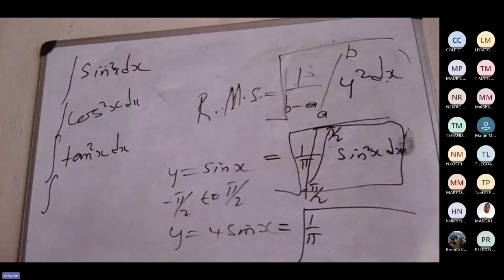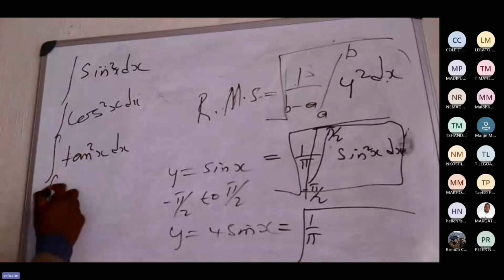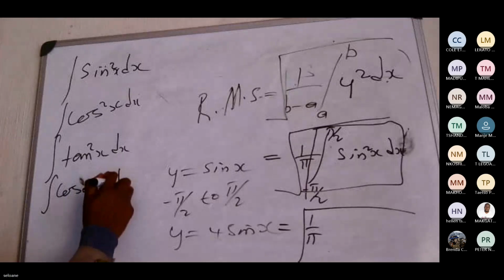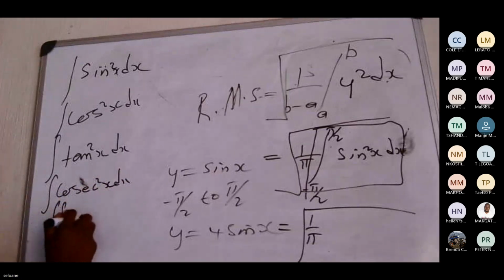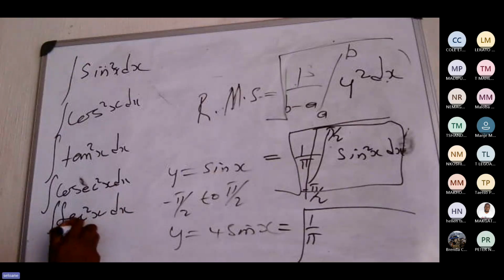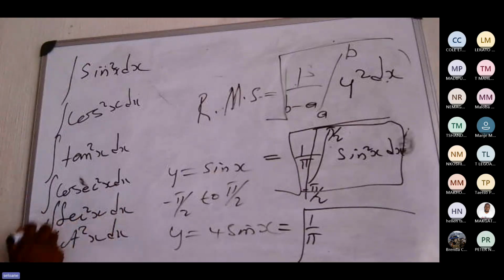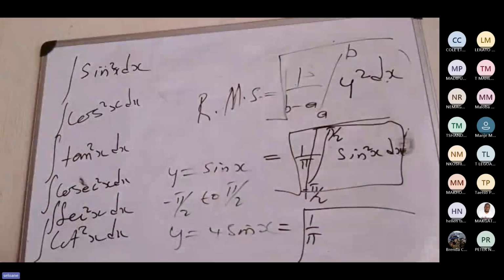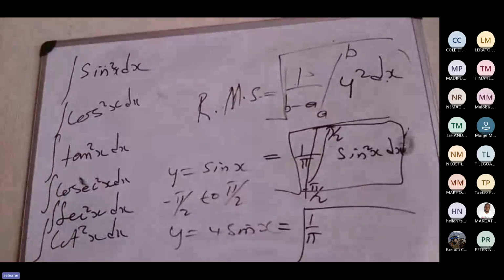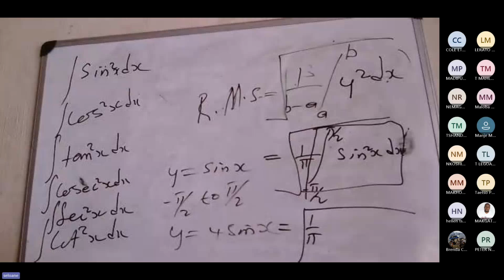Let me just write them: cos squared x, sec squared x, cot squared x. There are 6. Which ones here are standard? Meaning they are the derivative of standard trigonometric functions. Which ones here are standard? We can just write the answer.